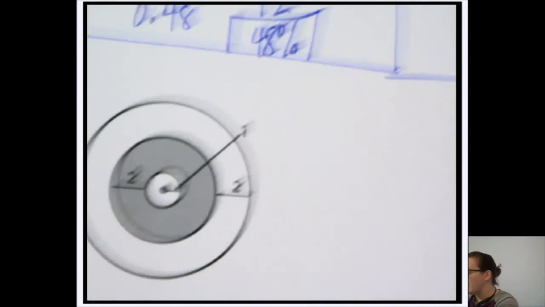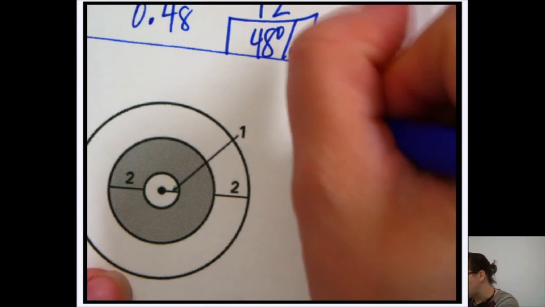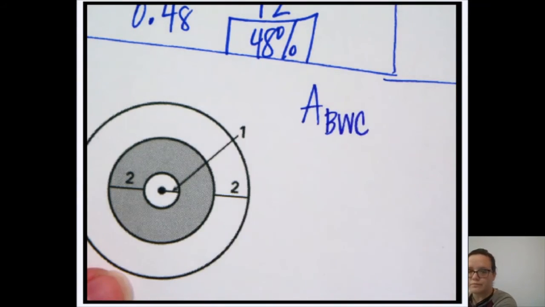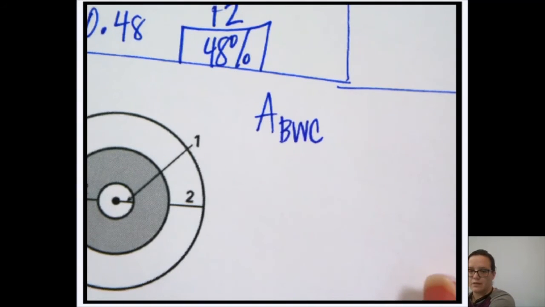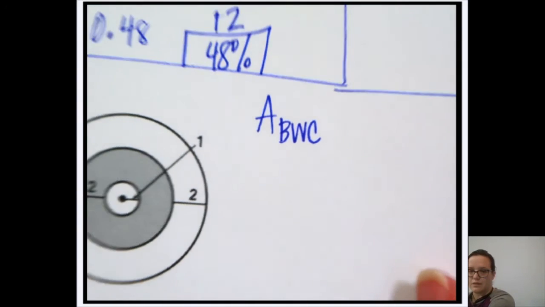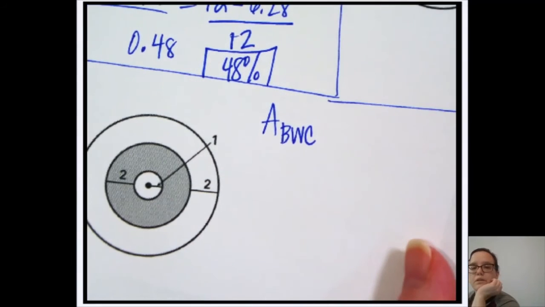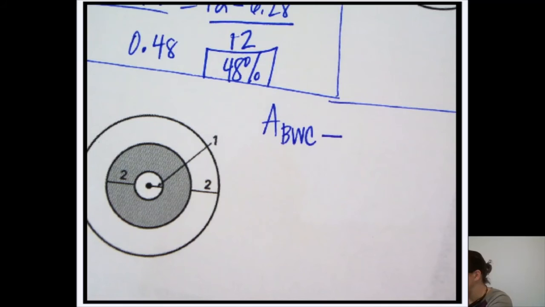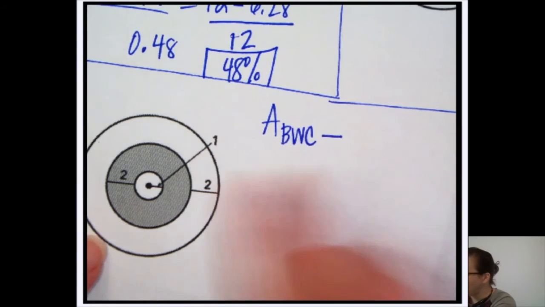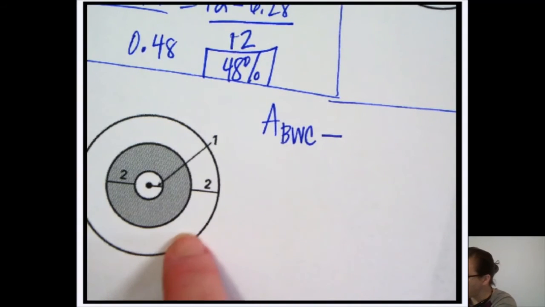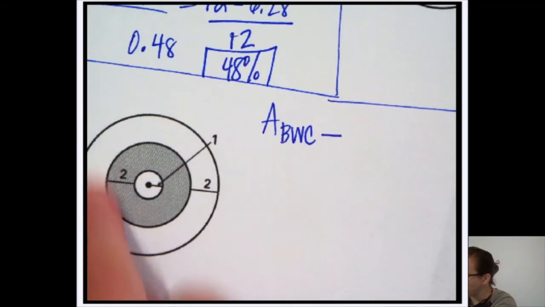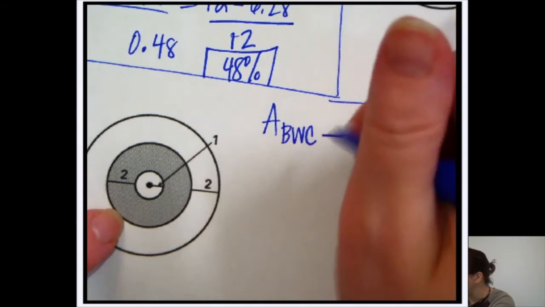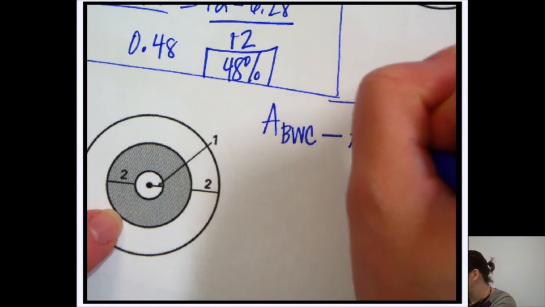So I'm going to say the area of the big white circle, and then I take the area of the gray circle.